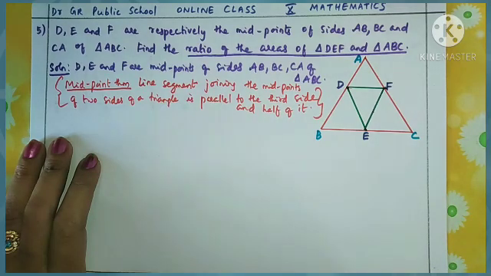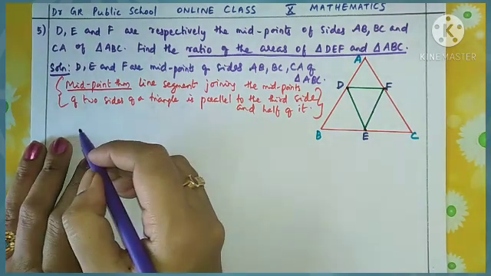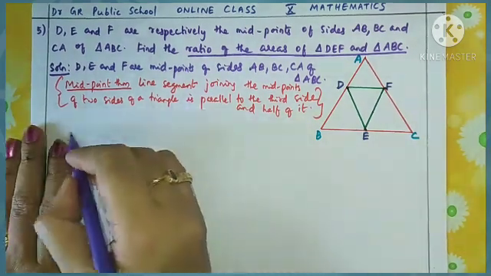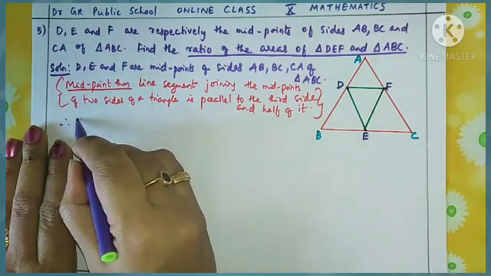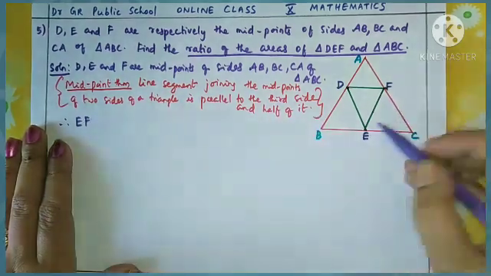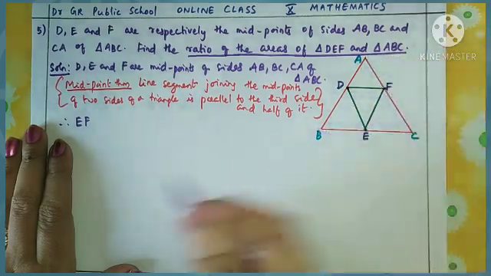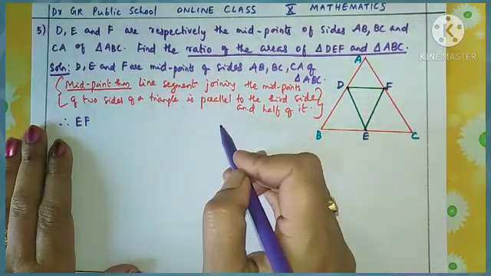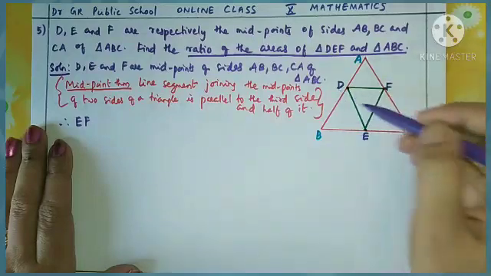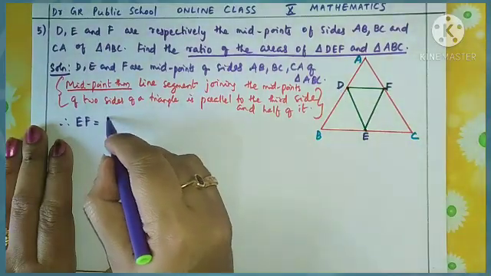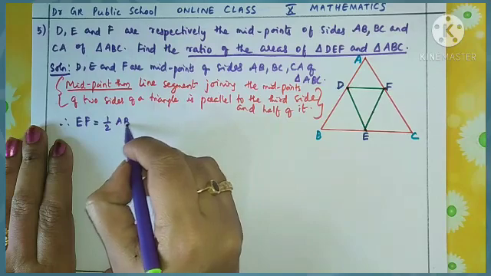Therefore, application of this theorem gives EF. EF means this one. EF is half of AB. We are not taking the parallel condition, we are only taking this half of it. So EF is equal to half of AB.